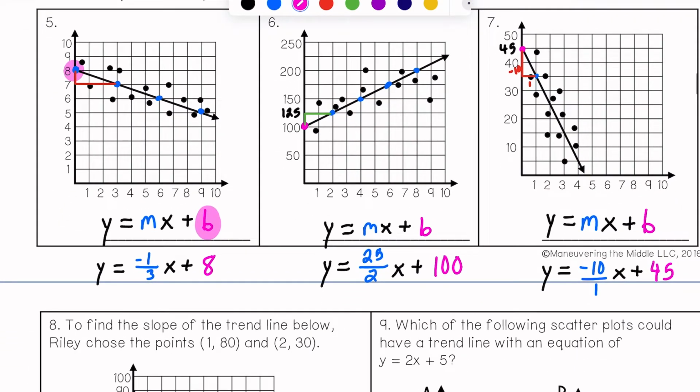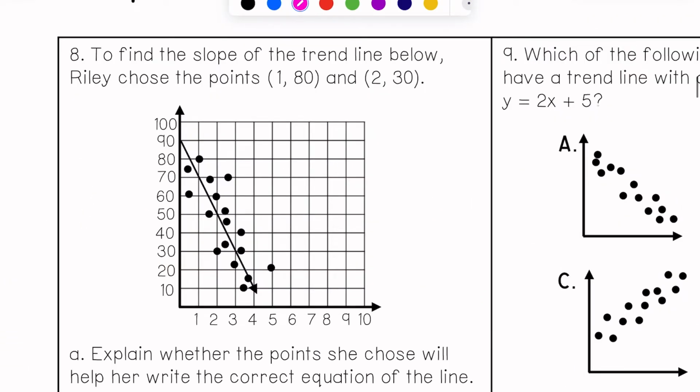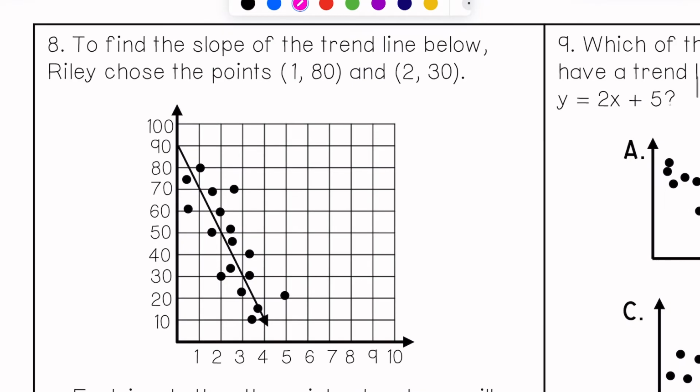Okay, take a look at number 8. To find the slope of the trend line below, Riley chose the points (1, 80), which I'm going to make the green dot on my graph, and also the point (2, 30), which I'm going to make the purple dot on my graph. So she used those 2 points. Those look like data points to me.